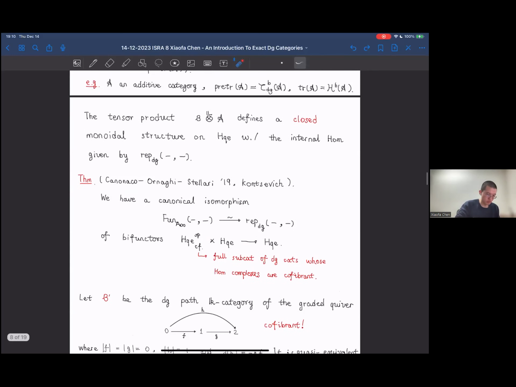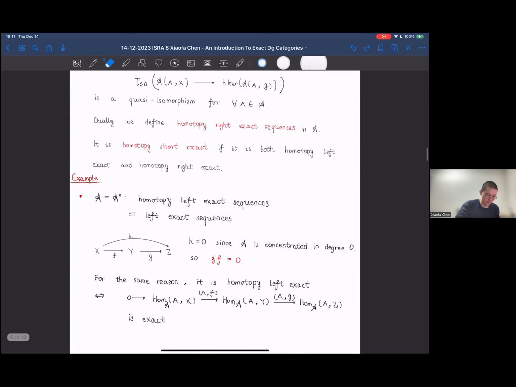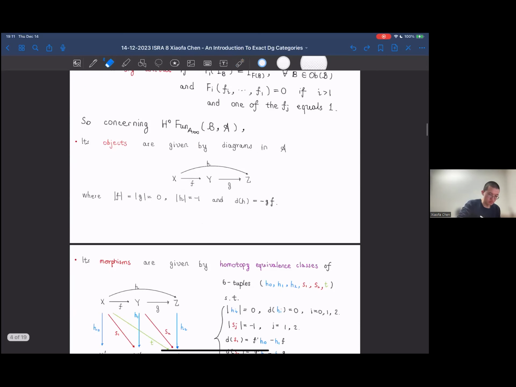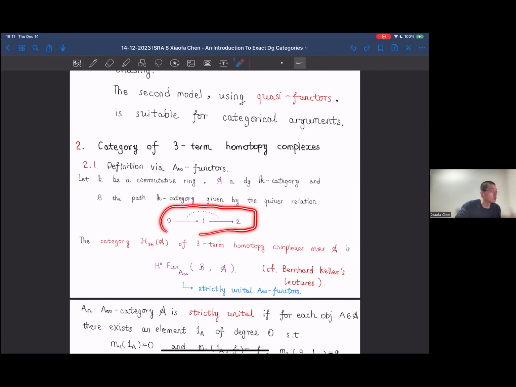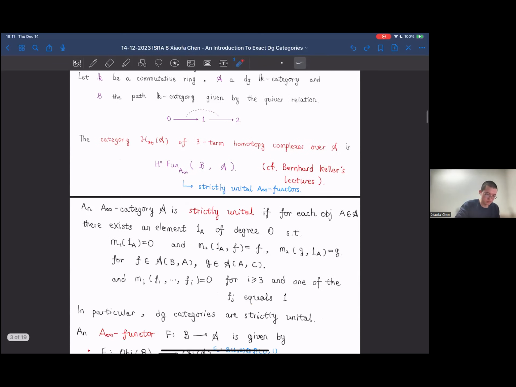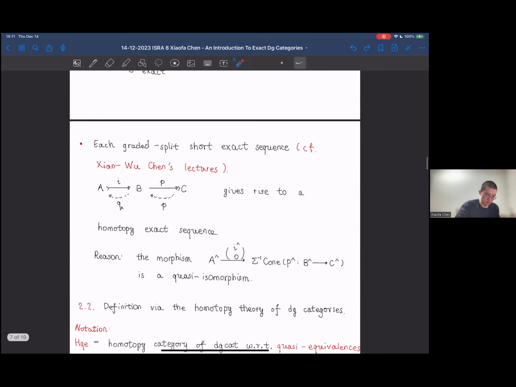Here, let me go back to the DG category we start with. This DG category will have cofibrant Hom complexes.